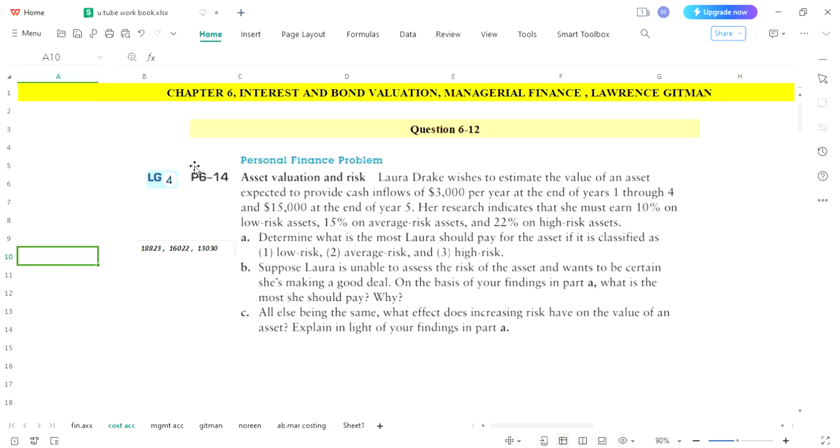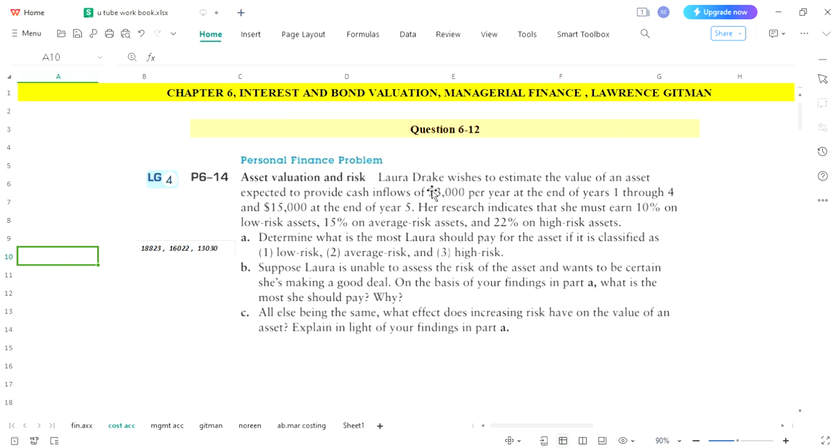For that purpose, we will see if cash flows are absolutely same or cash flows are different. This is the only way with which we can categorize our bond valuation into two parts. So we will see our question and decide whether the cash flows are same or different.